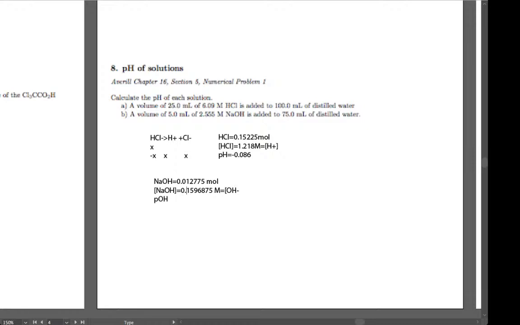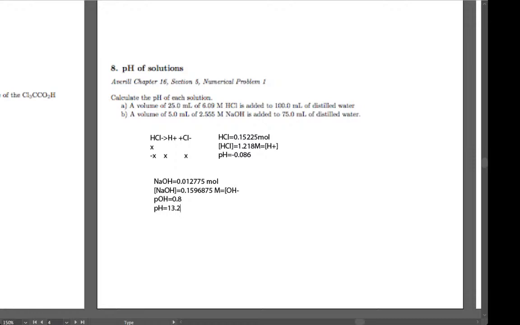So the pOH would be the negative log of the answer that you got there, which is 0.8. That is pretty close. And so for the pH, you'll get 14 minus that number, which is 13.2. And that's the pH of our NaOH.